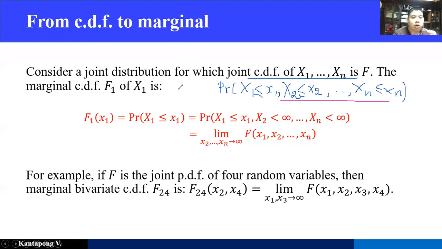The way to eliminate this is to take the limit, right? The limit of x2 to infinity, then this is not a function of x2 anymore. And then x3 up until xn go to infinity. And this will not be a function of x2 up until xn, but a function of only x1.